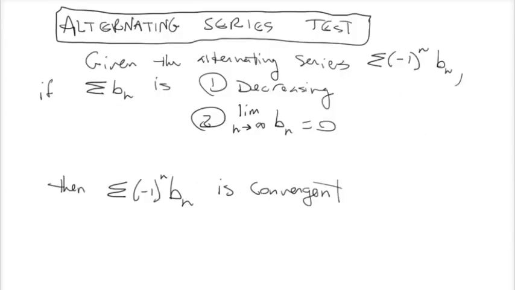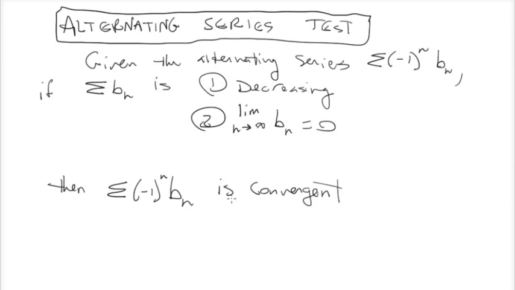The alternating series test says that if we have some alternating series in the form of (-1)^(n plus or minus something) times b of n, or a sequence b of n I should say, if b of n is decreasing and the limit as n approaches infinity of b of n equals 0, then the alternating series with b of n is convergent.